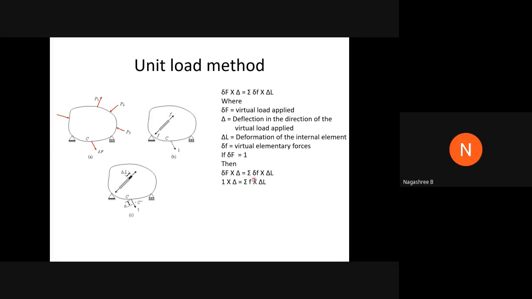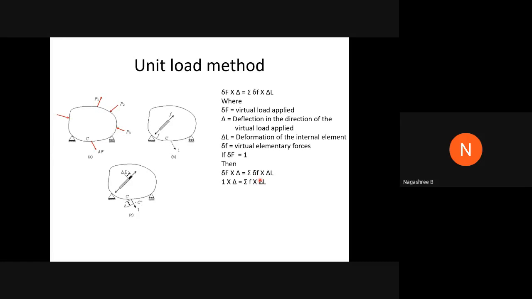Sigma f denotes the internal force in the members due to the virtual unit load, where delta F is equal to 1 since it is an assumed load. I just assume it as 1 because it is a unit load method. So small f represents the internal force in the member due to the virtual unit load, and the right hand side of the equation will directly provide the displacement of point C due to the applied external load.